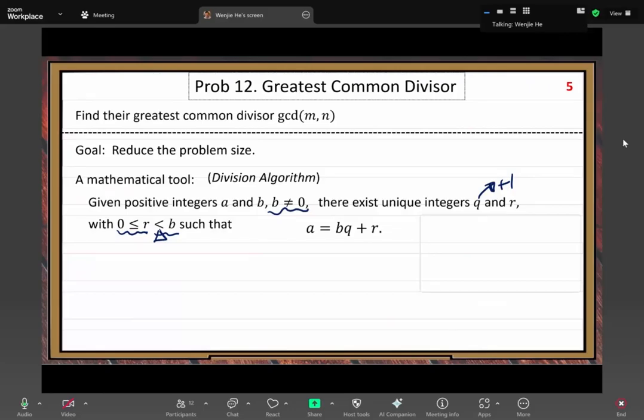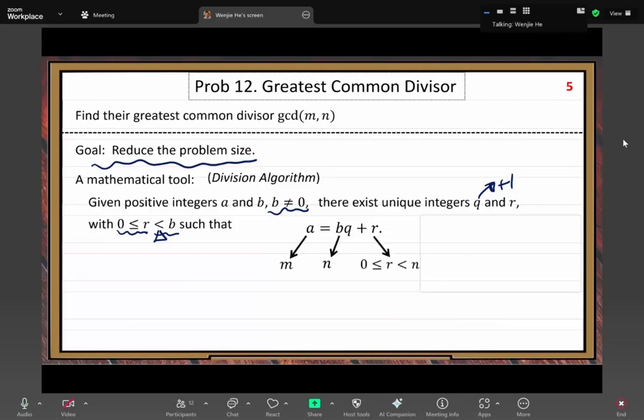So simple, but very fundamental in number theory. All right, so now we need to use this mathematical tool to help us reduce the problem size.